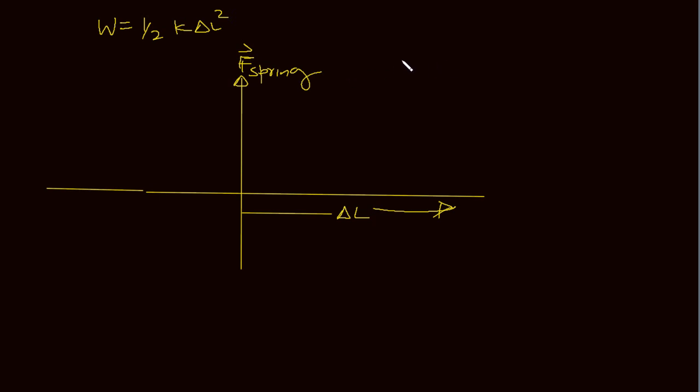So Hooke's law is F equals minus K delta L. So if you see here, this is minus K delta L. So the force will go like this.